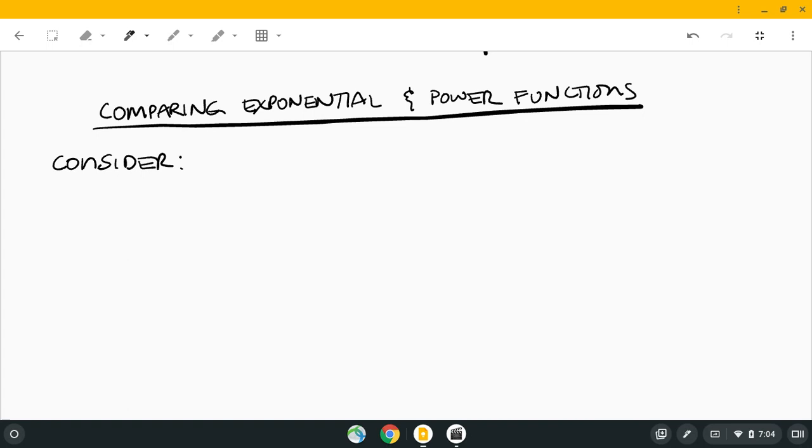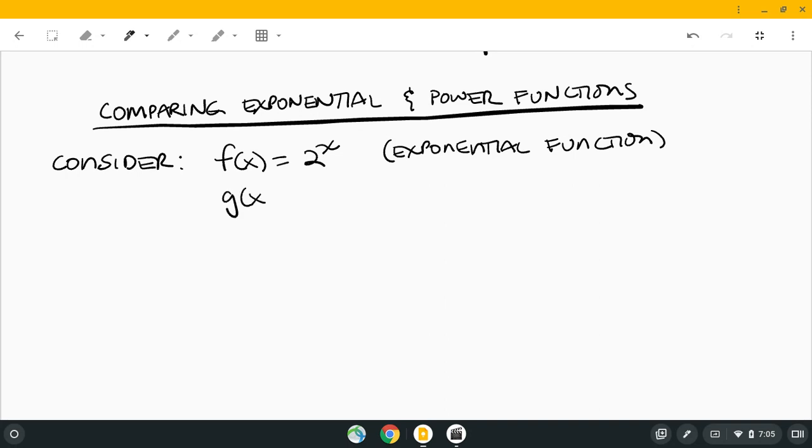Suppose that we have f of x, which equals 2 to the x. This one's an exponential function, right? And then let's compare that with g of x, which equals x squared. This one is a power function. Okay, and let's take a look.